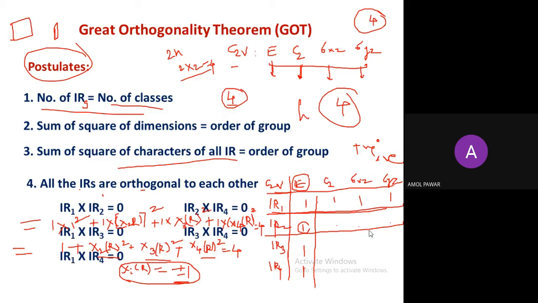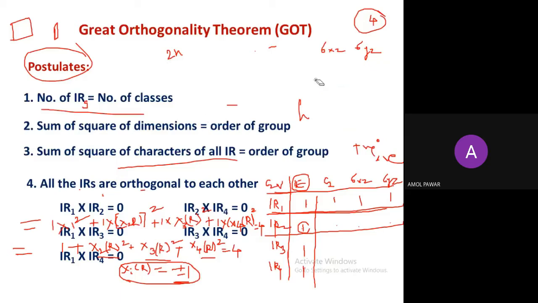Understood? Now, see, in the rule third we have determined the characters, but whether it is +1 or -1, that we do not know. Now we can verify this +1 or -1 on the basis of IR1 into IR. All the irreducible representations are orthogonal to each other.